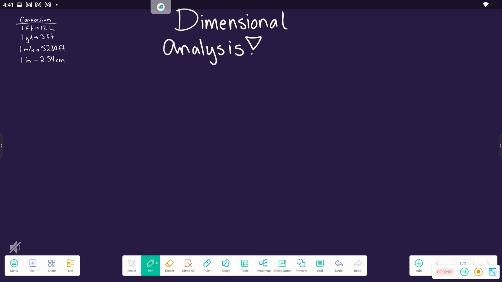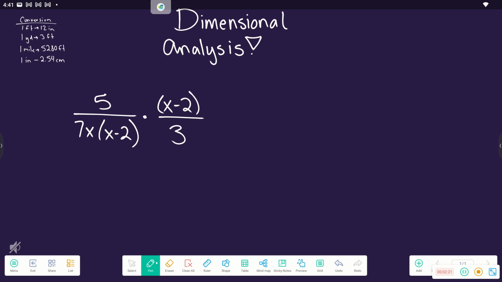For example, if I had 7x times x minus 2, let's say I had 5 on the top, and I multiply this by the fraction x minus 2 over 3, the things that are diagonal and identical, so this x minus 2, they cancel each other out because eventually they'll get divided by each other.